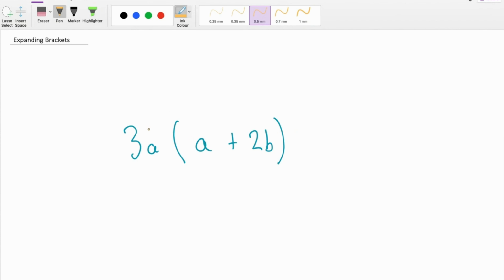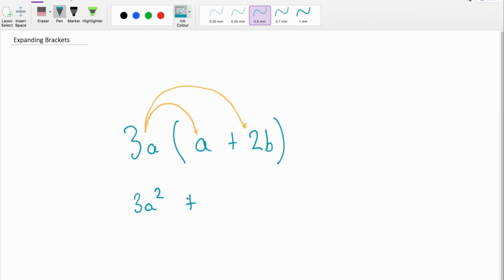So in this case, we will have 3a, which is on the outside, multiplying with the first term inside the bracket, which is a, and then we will have 3a multiplying with the second term inside the bracket, which is 2b.